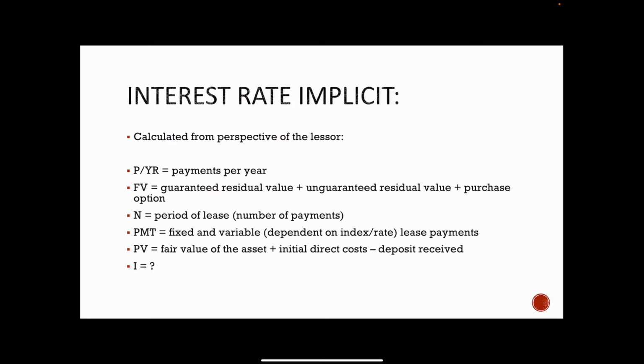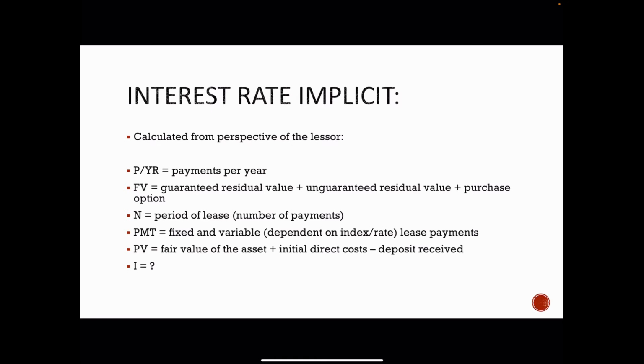The PYR is the payments per year. Your future value is your guaranteed residual value plus any unguaranteed residual value and plus any purchase option. The N is the period of the lease, so the number of payments. The payments are your fixed lease payments and your variable lease payments that are dependent on an index or rate.